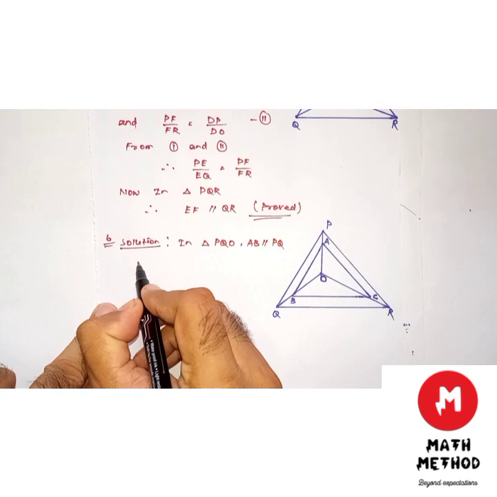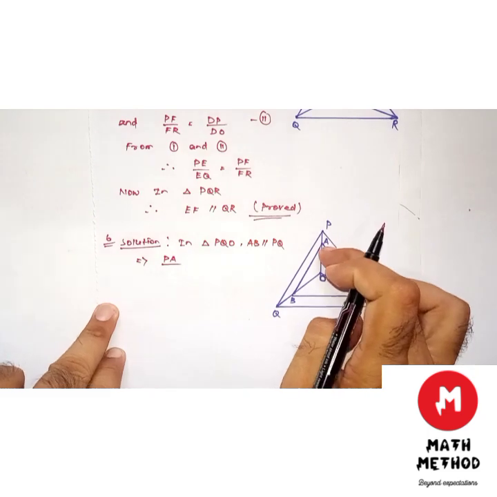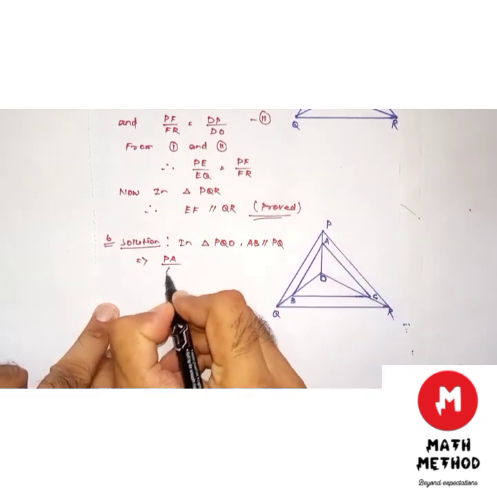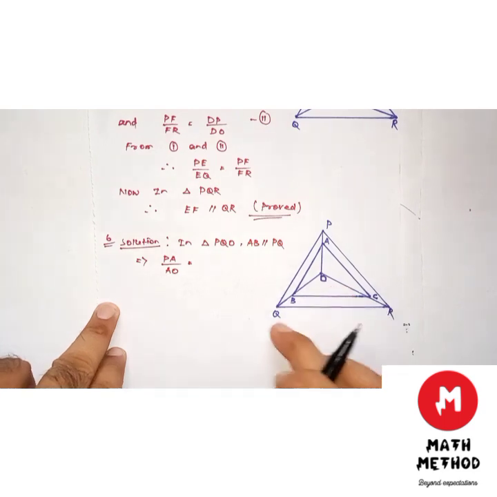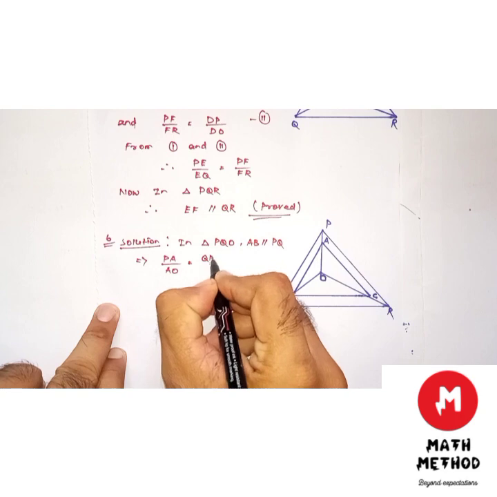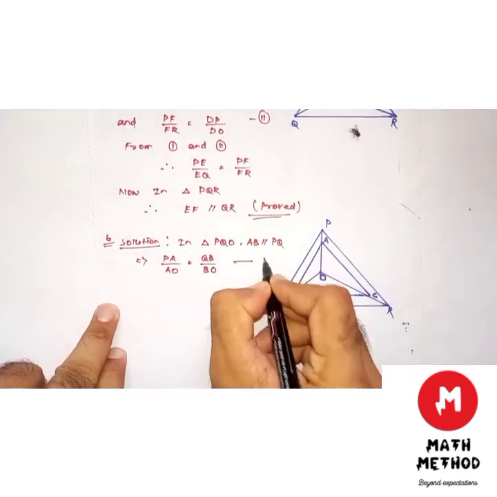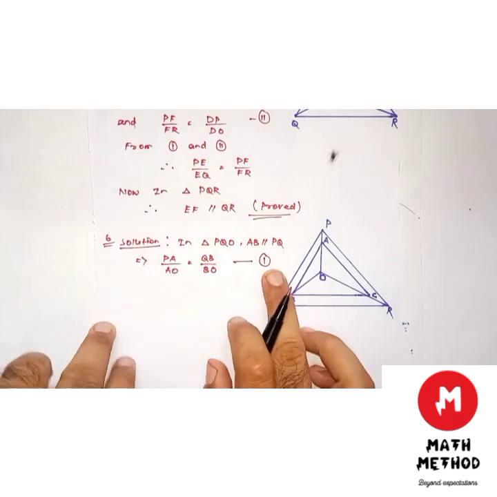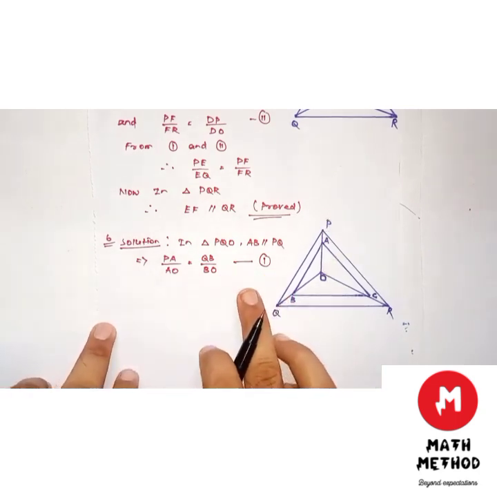So according to Thales' theorem, PA upon AO is equal to QB upon BO. This is our Thales' theorem, and equation number 1. This equation number 1 is obtained from Thales' theorem.